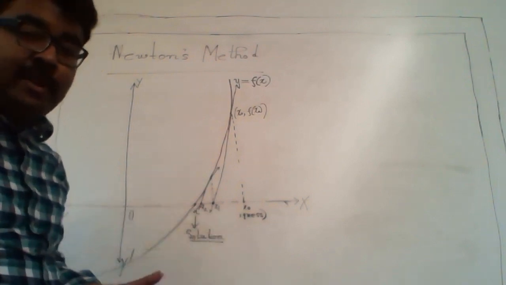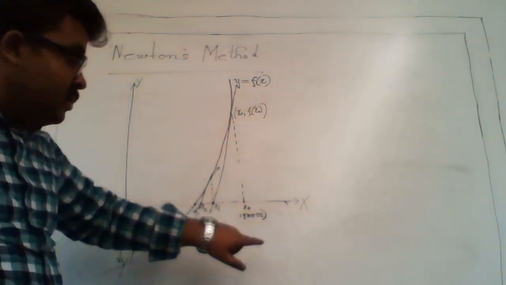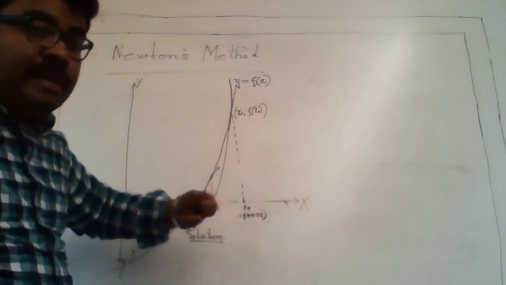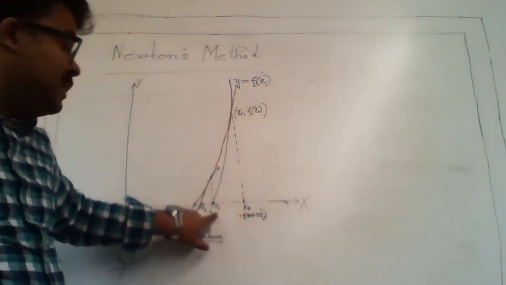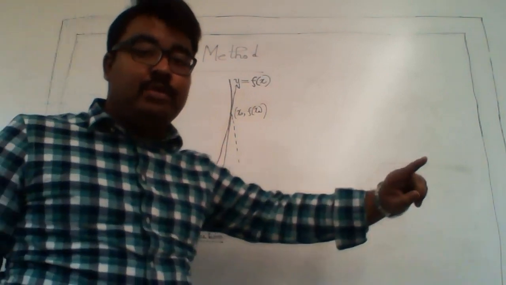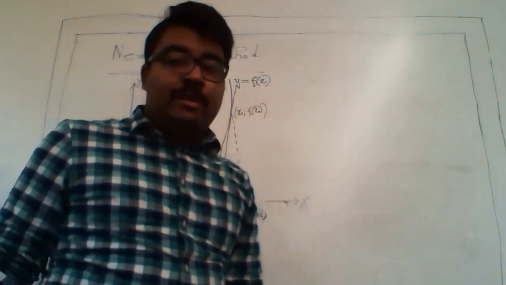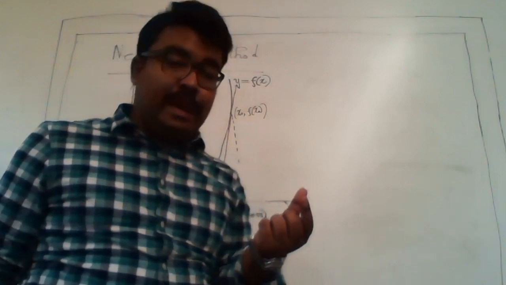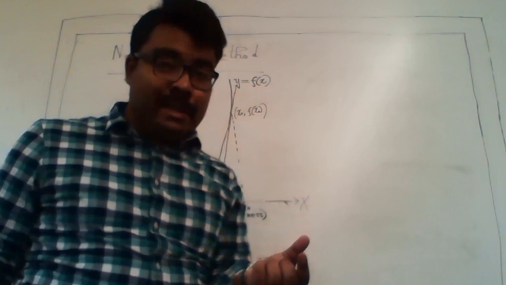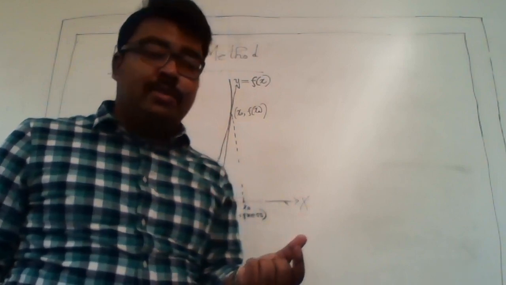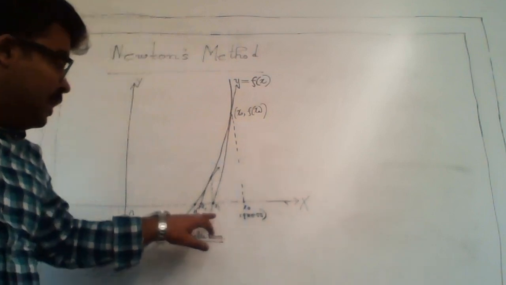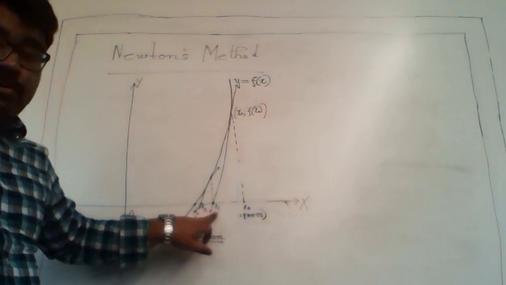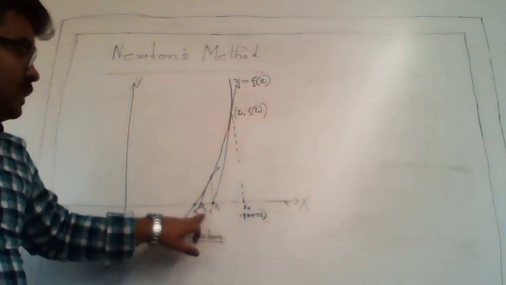Newton's method actually gives you a formula. Putting any guess of your choice into that formula, you can generate these numbers x1, x2, which will steadily approach the actual solution. You will take one of them as your solution based upon how much accuracy you need. Suppose you don't want your solution to be that accurate, then you are satisfied with x1, which is close. Suppose you want your solution to be more accurate, then you take x2 as your answer.